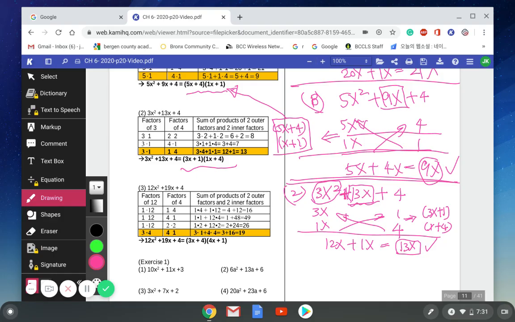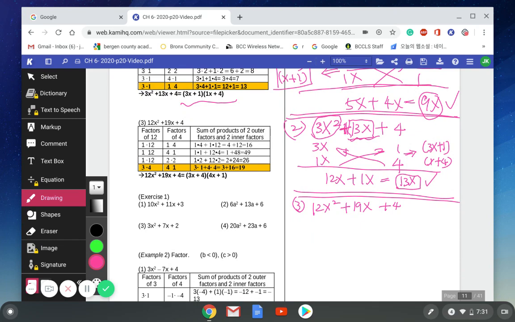Now let's try number 3. If you have 12x squared plus 19x plus 4, what makes 12x squared and what are the factors of 4? When I try 1x and 12x, none of the setups like 4 and 1, 1 and 4, 2 and 2 worked.